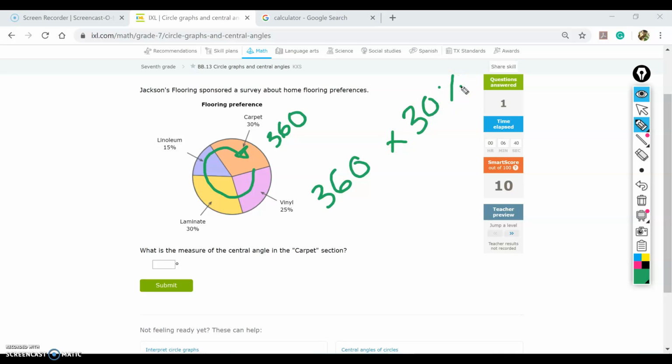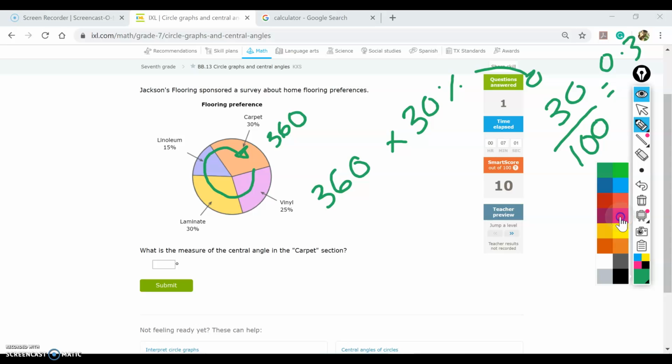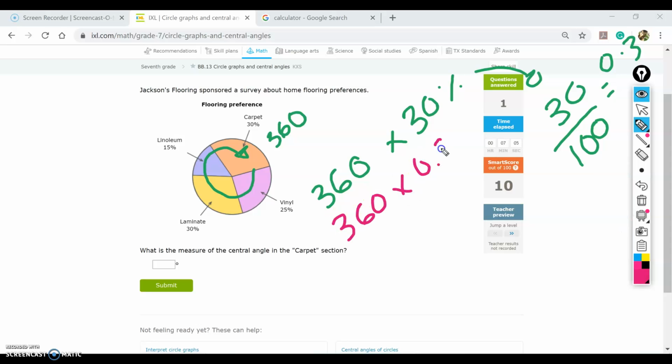If you don't know what 30% is, remember what I told you in the last problem: do 30 divided by 100. I'm going to do that first. 30 divided by 100 gives me 0.3. So I need to multiply 360 times 0.3.